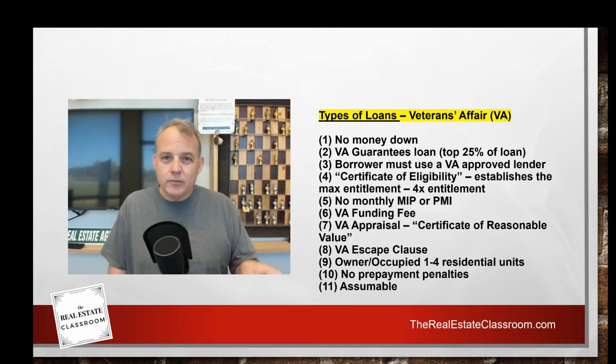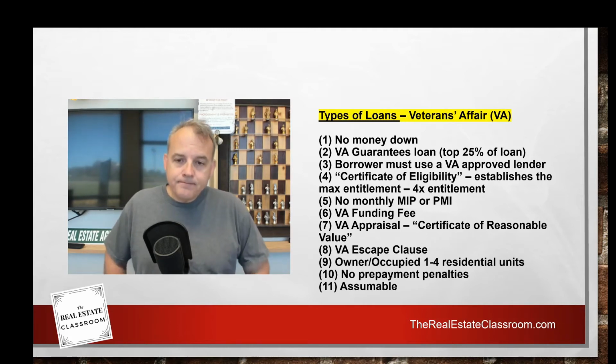It becomes negotiable, but if they cannot come to a negotiated settlement, then the deal is terminated penalty-free. One other thing to note, any inspections or appraisal fees that the buyer has paid up to that point, the seller is not obligated to reimburse the borrower or the buyer for those expenses. So keep that in mind. It's just a guarantee or a way to protect the veteran.